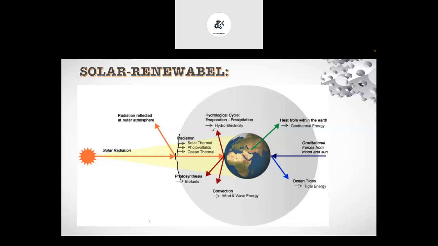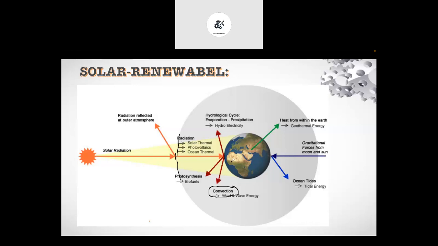The same radiation also causes wind and wave energy. How? That radiation is incident on the air and heats up the air, and because of the heating of the air, a density difference happens between two locations, and because of that density difference, convection happens, means wind travels from one location to another location.